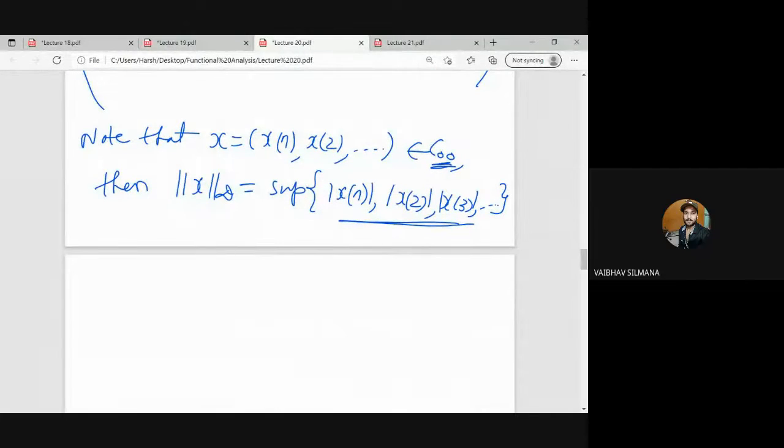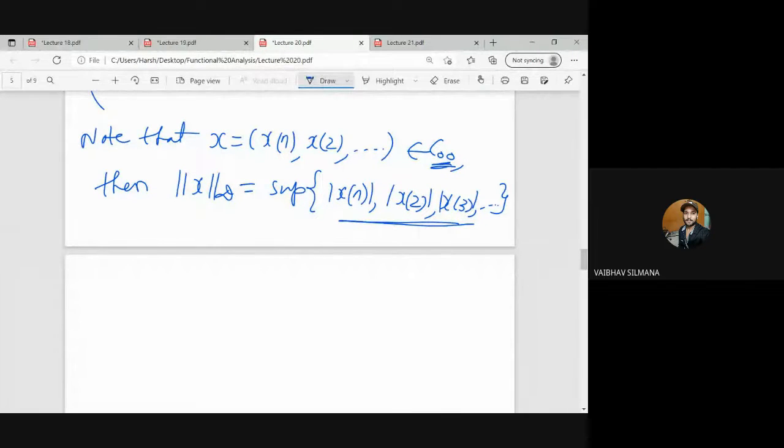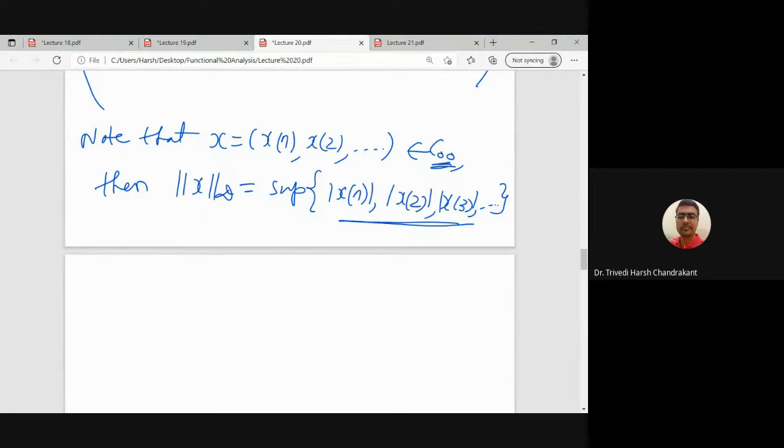Take 2/3, meaning every term is 2/3. But that will not be an element of C00. So we need terms that are 0 after some stage, with each entry less than or equal to 1, but the sum of the coordinates going to infinity.